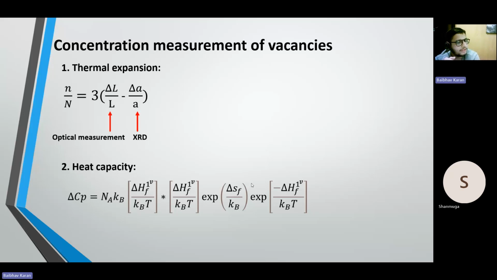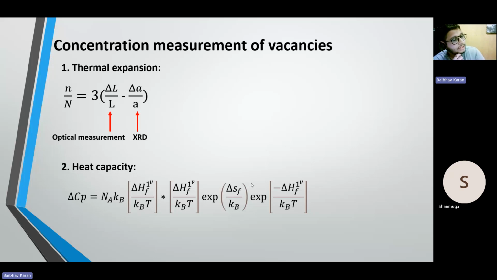But one thing to remember here is that when thermal energy is applied to a material, there will be a thermal expansion of the material. That is the general property of the material. Then there is also the creation of vacancies due to the heat energy we are providing.